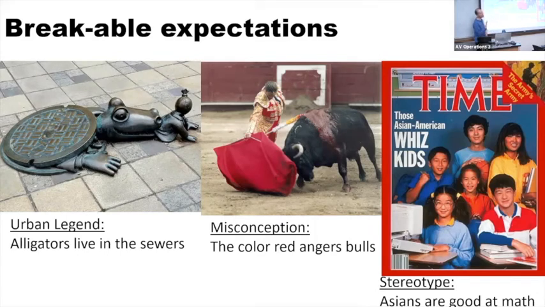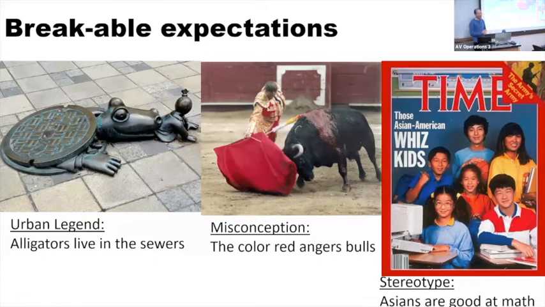Urban legends, like the urban legend of alligators in the sewer system. Misconceptions, which could be commonsensical or based in science. The color red actually does not anger bulls. Bulls, I think, cannot see the color red, and it's actually the motion that gets their attention. And finally, stereotypes: much as I would like it to be true, Asians are not always good at math.